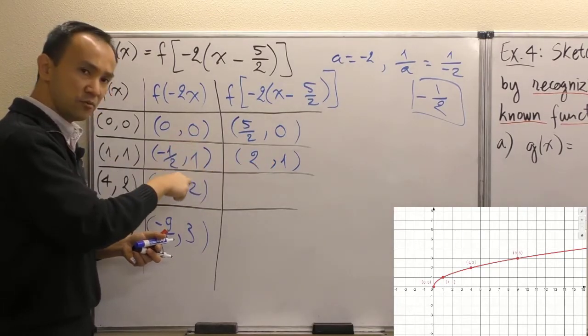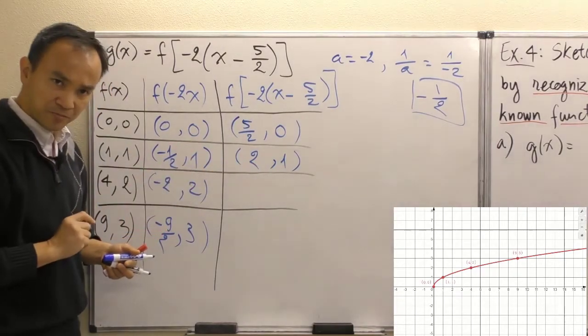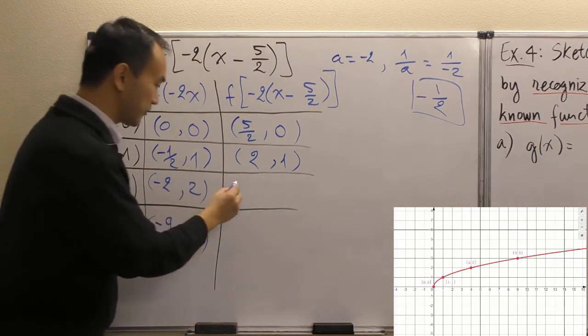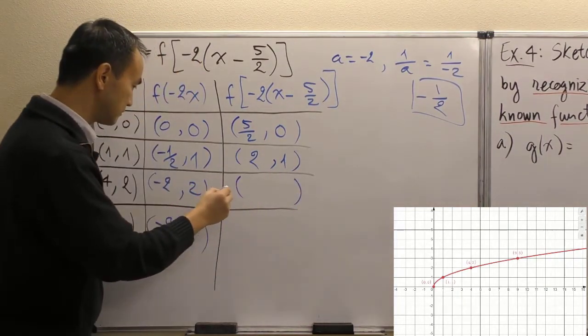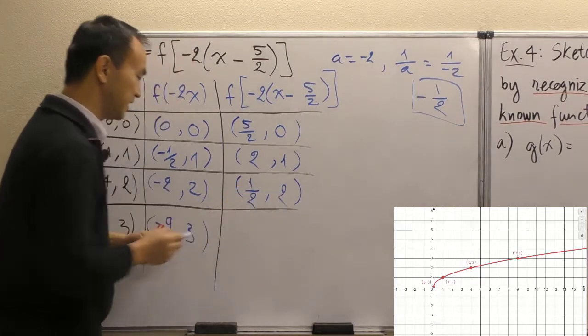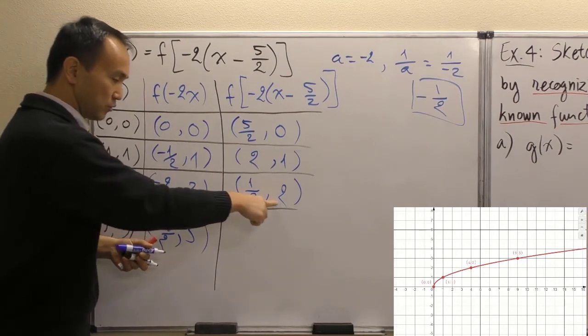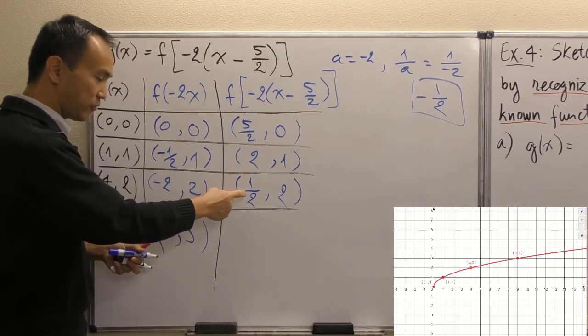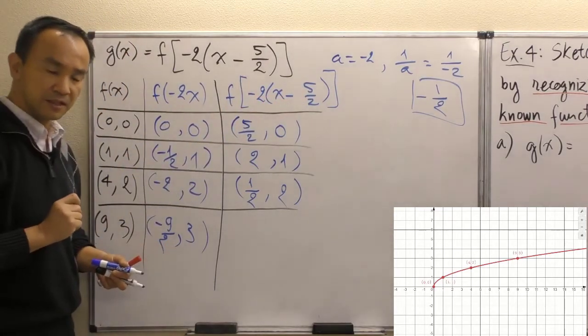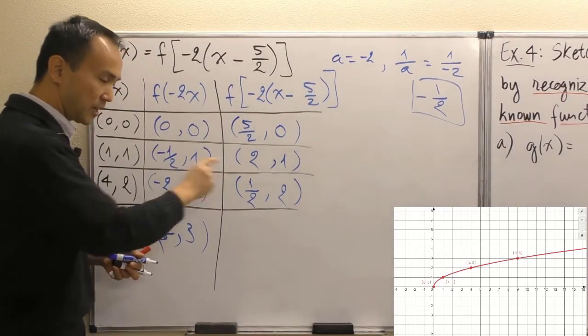Again, nothing happened to the y value throughout these problems. Minus 2, 2 is now transformed to positive 1/2, 2. Again, y value stays the same. We have 1/2 here because minus 2 plus 5/2 gives us positive 1/2.